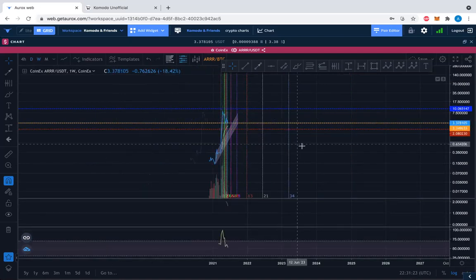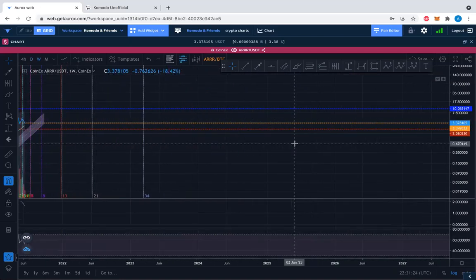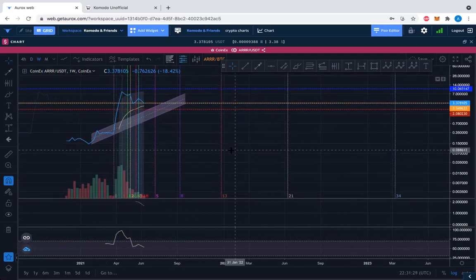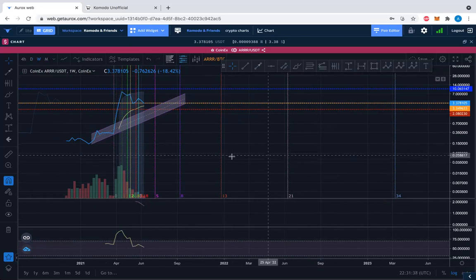We can pull it out on the weekly here and see, yeah, the 13 is roughly around the confluence of 2021 to 2022. All right, around 27 December timeframe. Then we get a 21 around 13th of June 2022. So this one brings us 6 months difference. All right, and then the big 34 is in 2023.